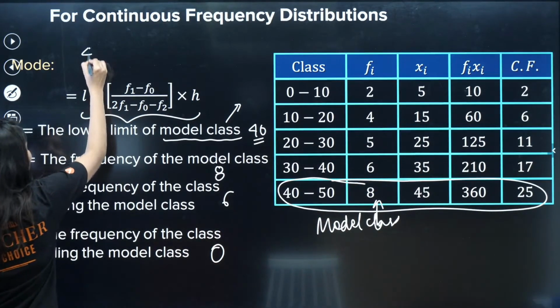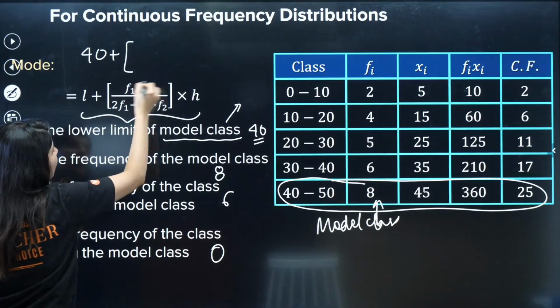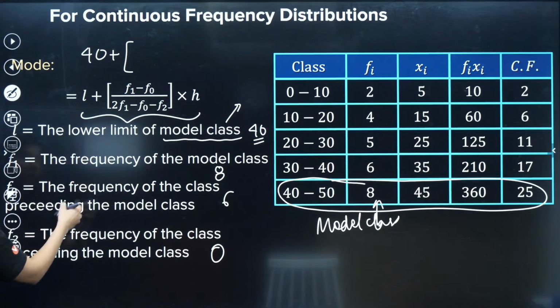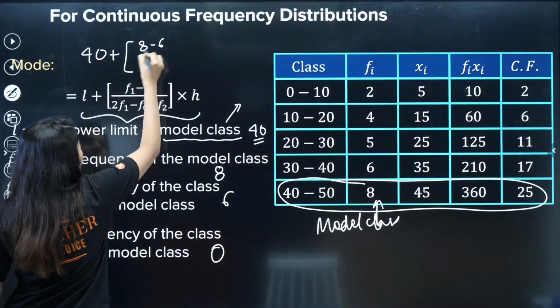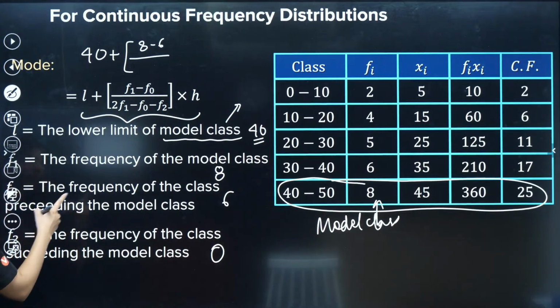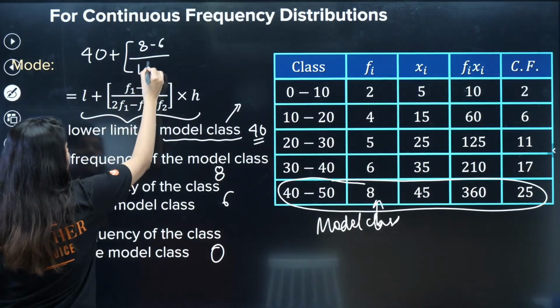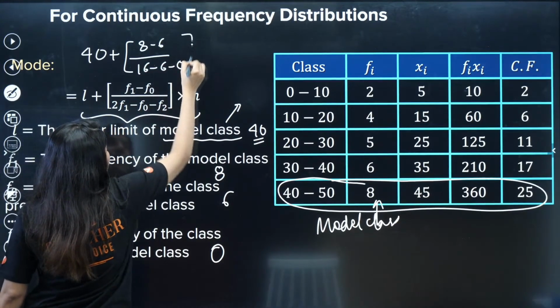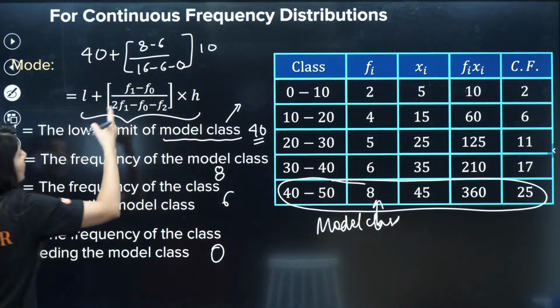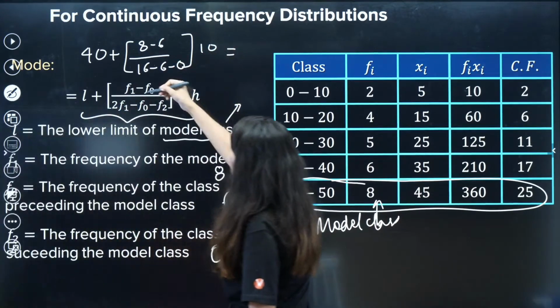L is 40 plus f1 minus f0, so 8 minus 6, upon 2 f1 minus f0 minus f2, that means 16 minus 6 minus 0, into h which is 10. So you can clearly see the value 10 is gone.